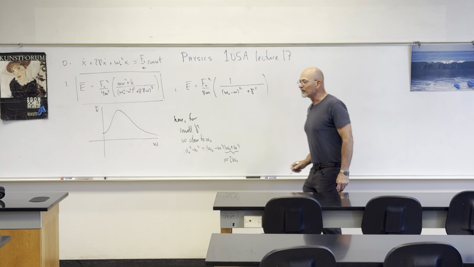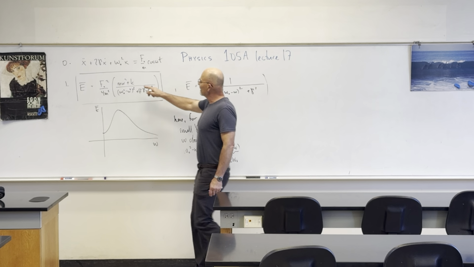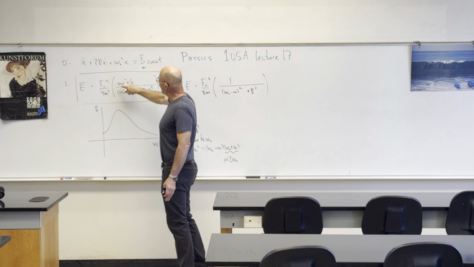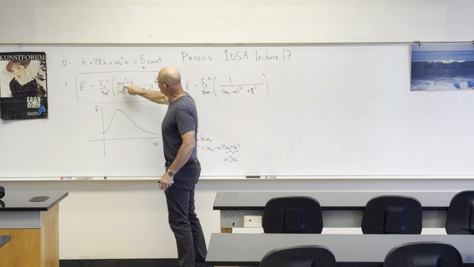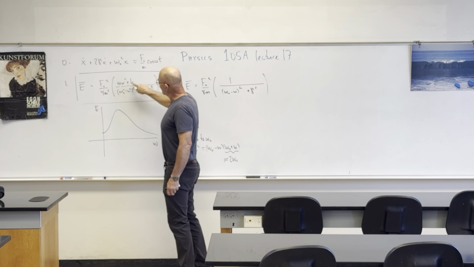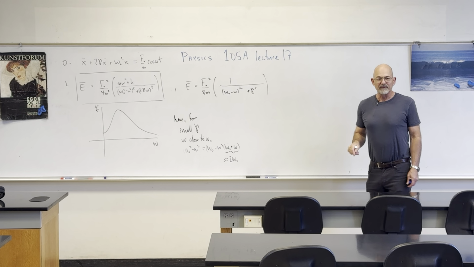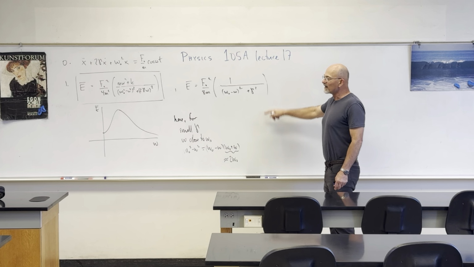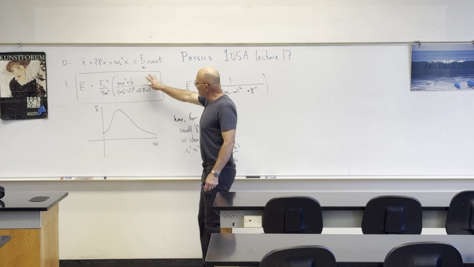That's how we were able to make those simplifications. And up here we did close omega, therefore close to omega naught, so we call this m omega naught squared and this omega naught squared. So yeah, you get this very nice simplification, and this thing you can just read off what's happening, as opposed to this one where it takes a lot more analysis.